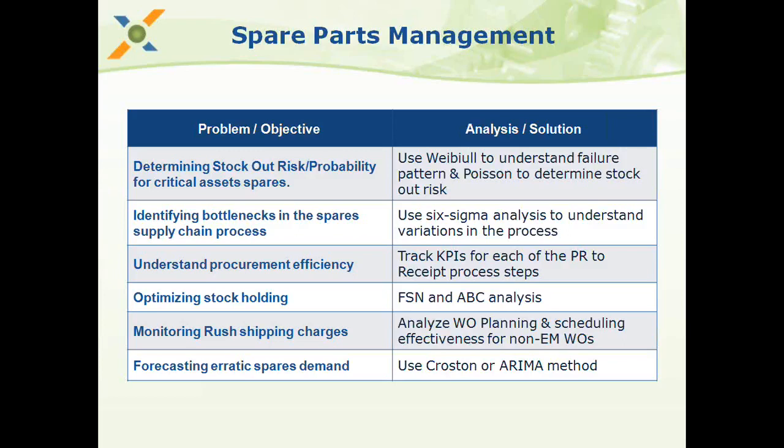Understand procurement efficiency. This is also very important in terms of the PR to receipt process steps, and understand whether procurement is a bottleneck. This is outside, like purchase and supply chain part of it.